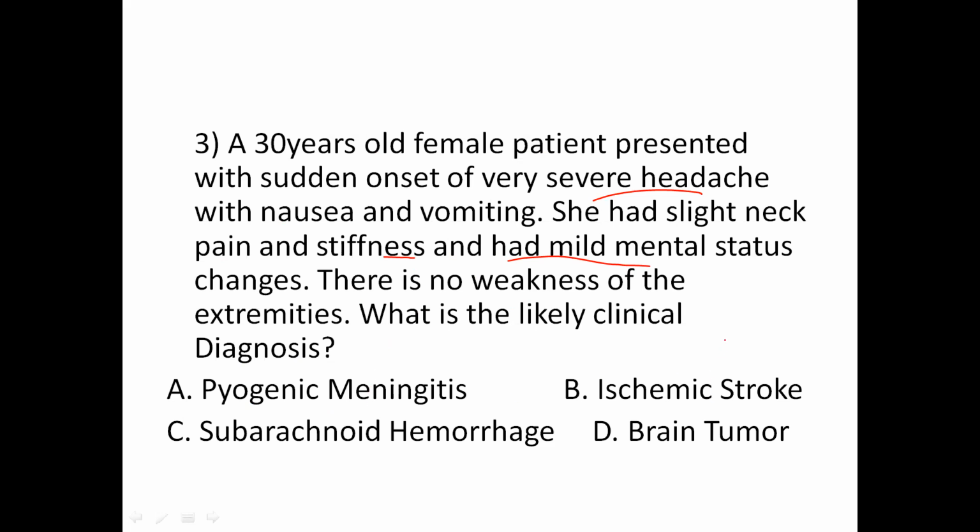B, ischemic stroke. In addition to those symptoms, what do you need for ischemic stroke? The patient may develop weakness, especially in unilateral stroke. If it's not bilateral stroke, the patient may have one-sided body weakness, for example left-sided or right-sided body weakness, which you call left hemiparesis or right hemiparesis.